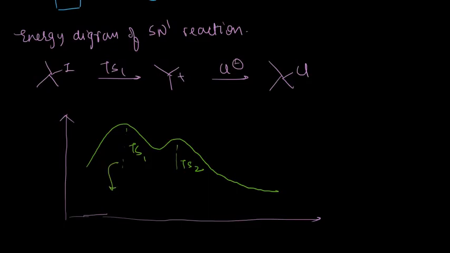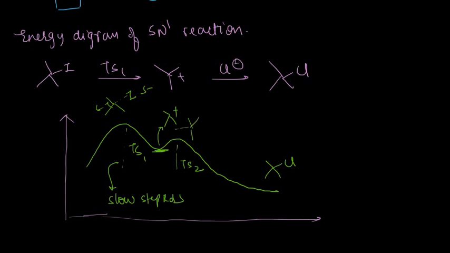It is the slow step, the RDS, that's why activation energy is more. This is the stable intermediate with the generation of carbocation. Here, when the leaving group is separating, there is delta positive and delta negative. When the leaving group leaves, we have transition state 1.